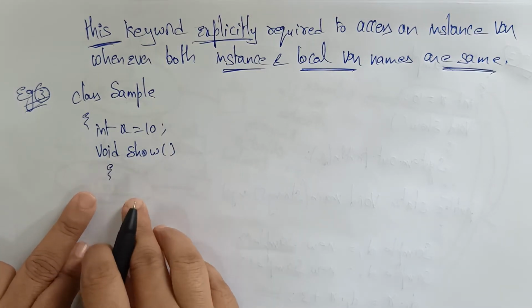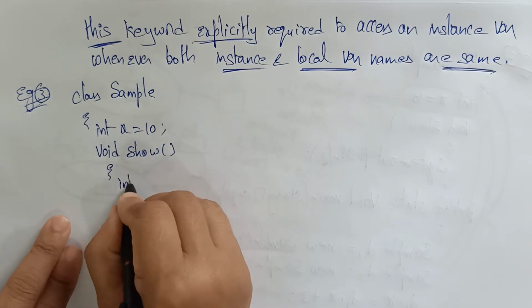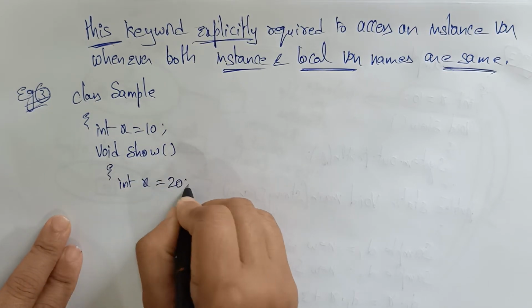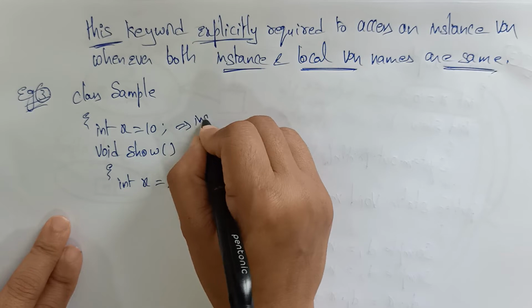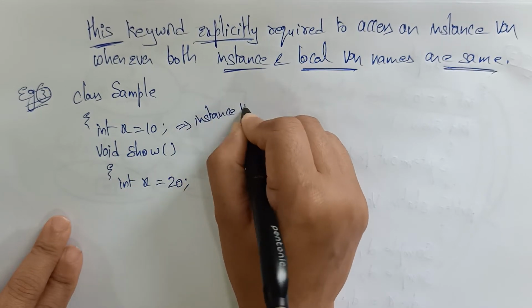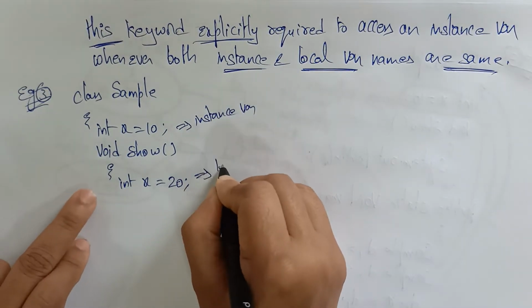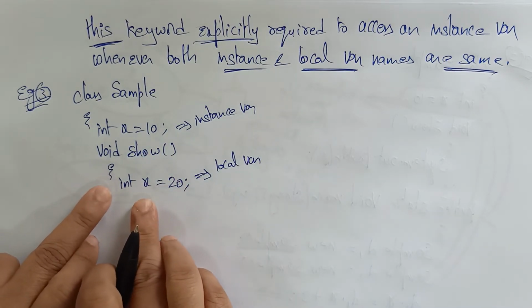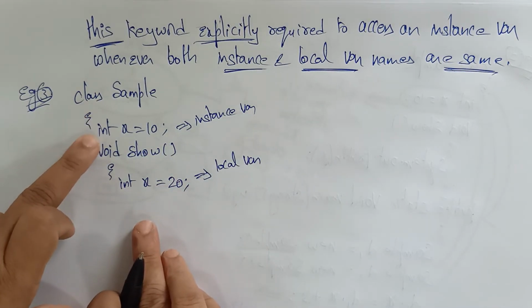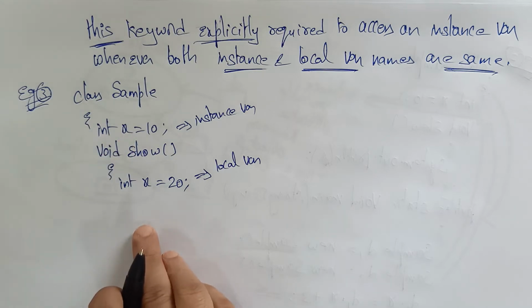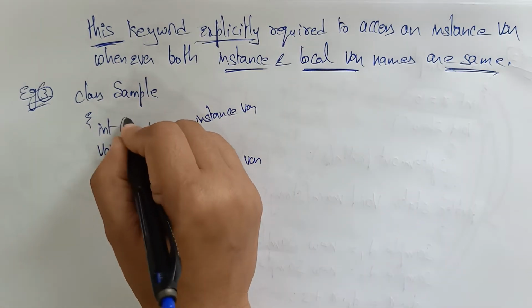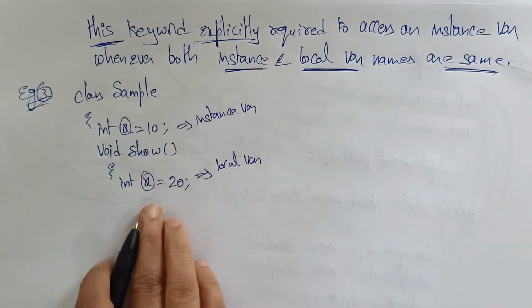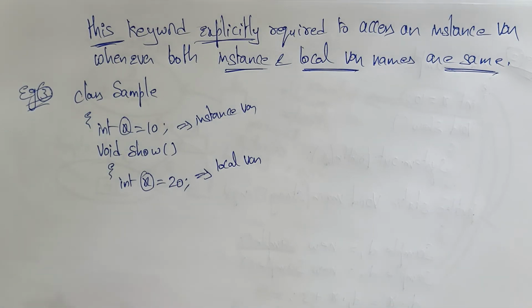In this method, I'm taking another variable, int x is equal to 20. This is a local variable because it is present inside a method. If it is present inside a method, then it is a local variable. If it is present inside a class, then it is an instance variable. Here, the instance variable name and the local variable name both are x only.